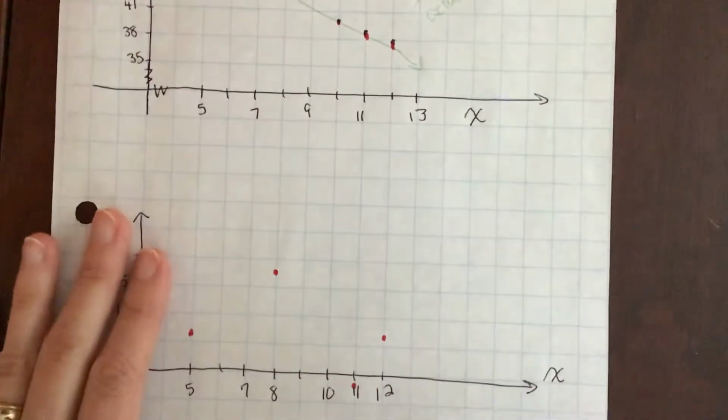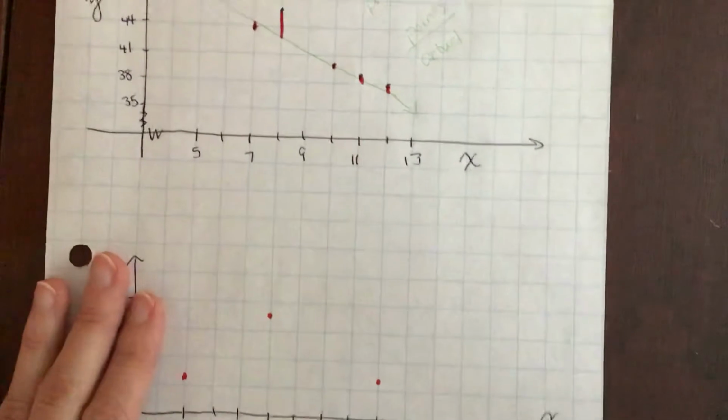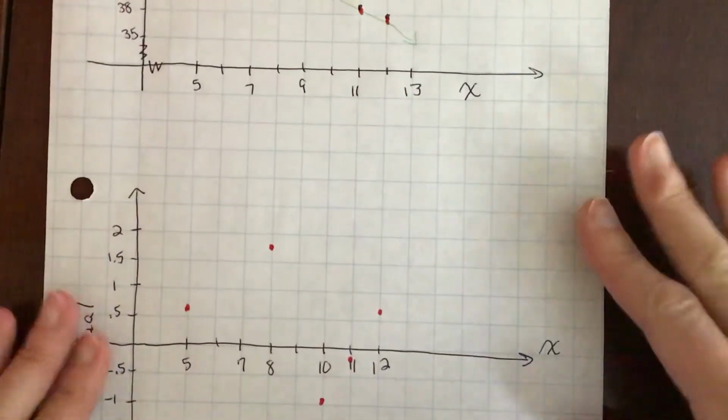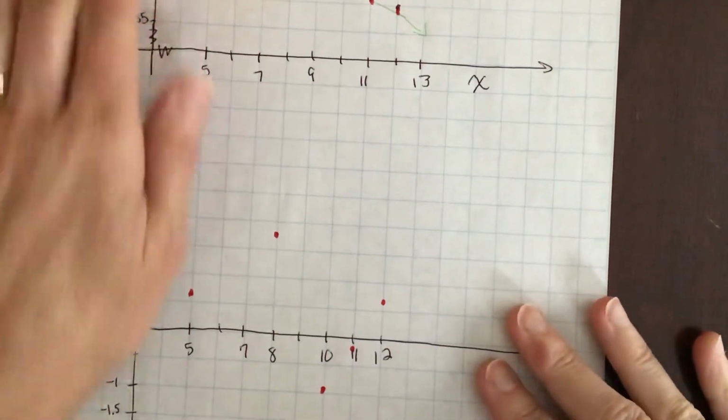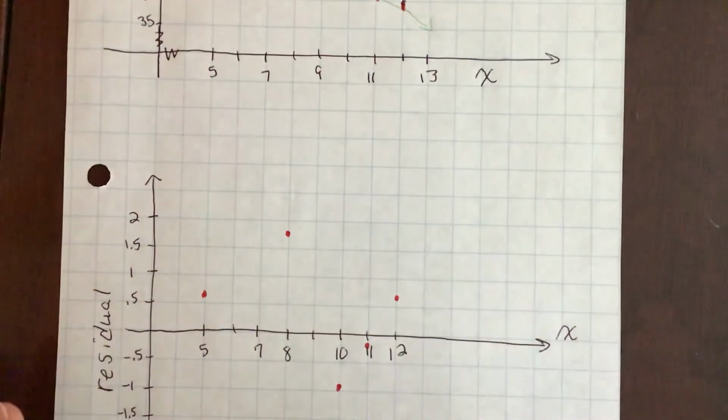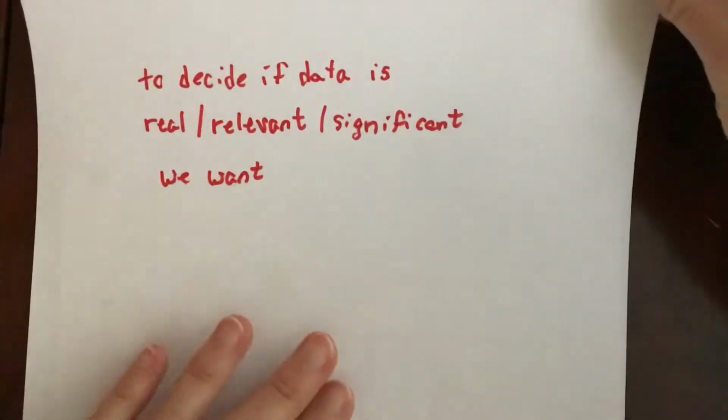So, some things to think about. When we are looking at a set of data, we look at the residual graph to decide whether it's a good model to represent the data as a least squares regression line. There are some things we want to consider.